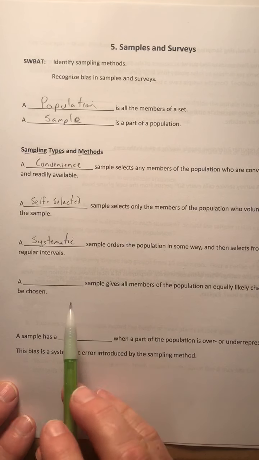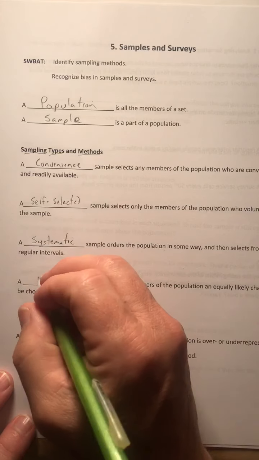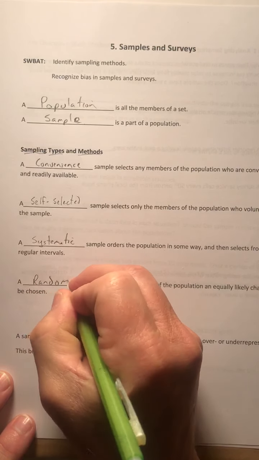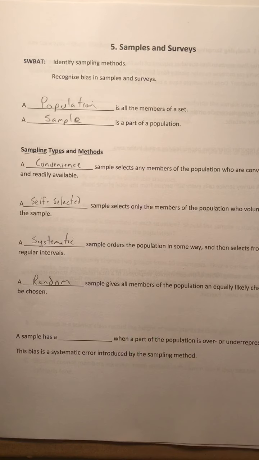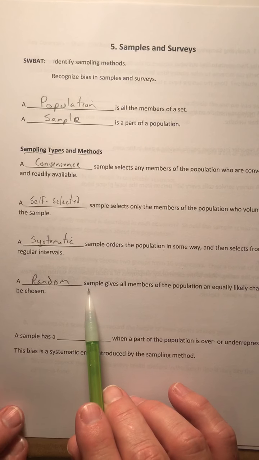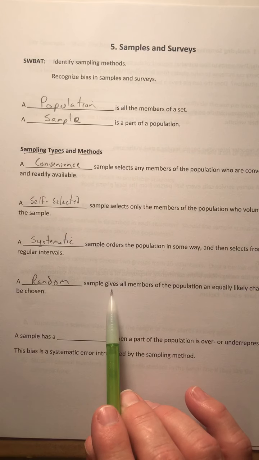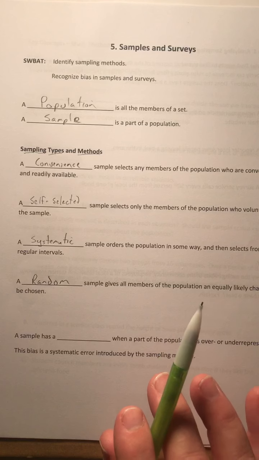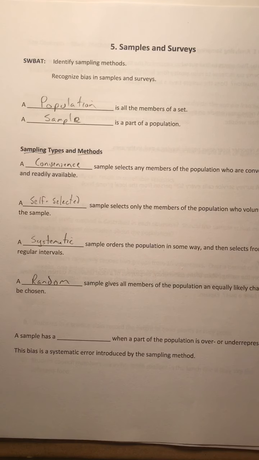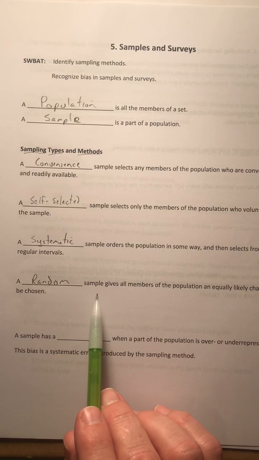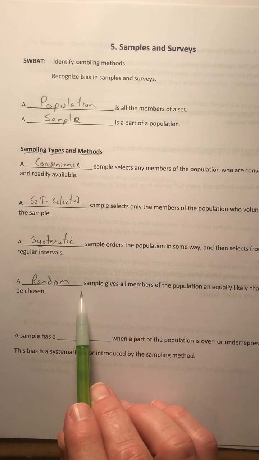And then the last one is a random sample. A random sample gives all the members of the population an equal chance to be chosen. If I listed all the students at Sterling High School on a board and threw a bunch of darts, any student whose name the dart stuck in would be picked.